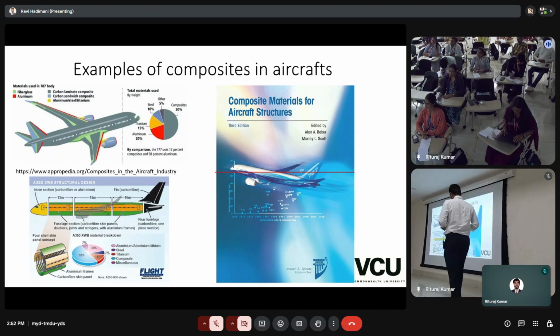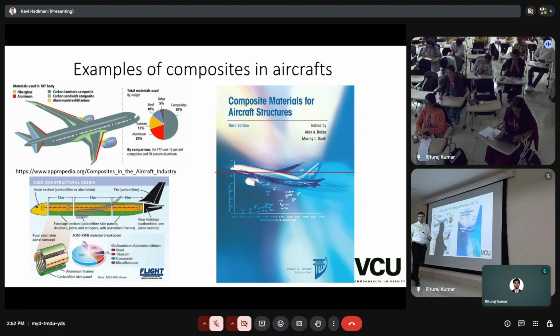And this is Airbus A350. There you have 52% composite. Airbus A350 has 52, Boeing 787 has 50%. So more and more aircrafts will have higher and higher percent of composites in the coming years.